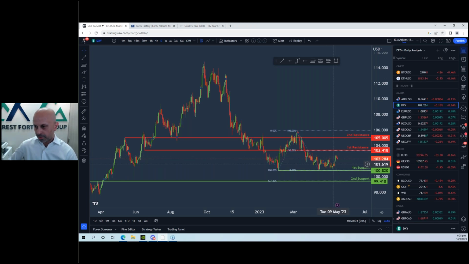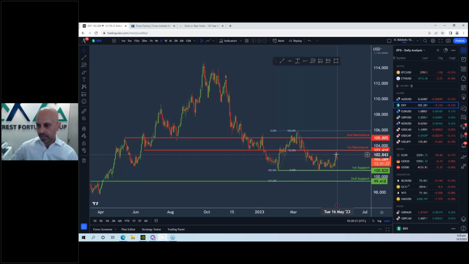So when you have these sorts of data points coming out, which seem to suggest inflation could be potentially creeping back in, is when you can see the dollar being in high demand, which drives up the dollar index. Now on Monday and Tuesday, the last 2 days, the dollar has started selling off.